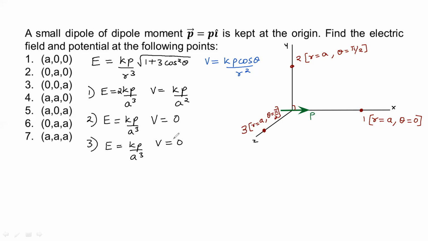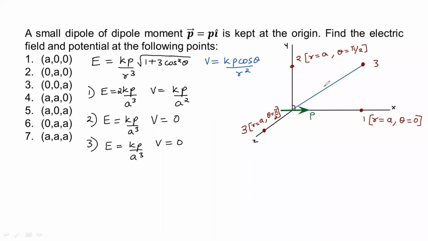Now what's next? Question number 4. The point is on the xy plane. This is the point. So what is the distance between the dipole and this point? You can see that it is root 2 a.